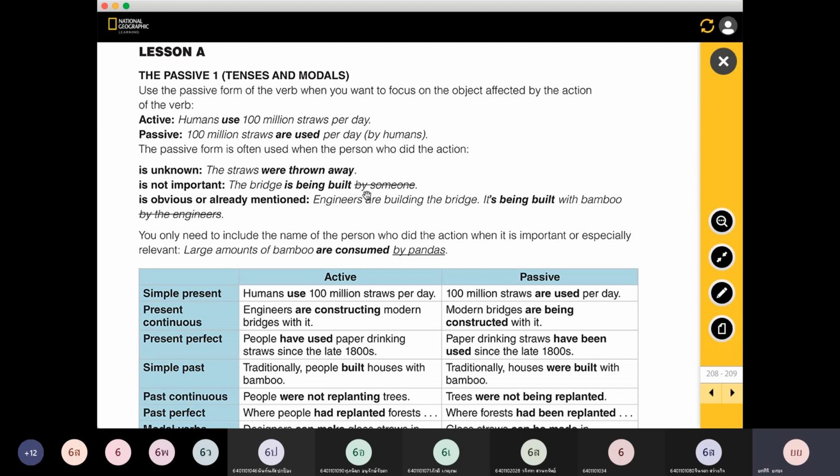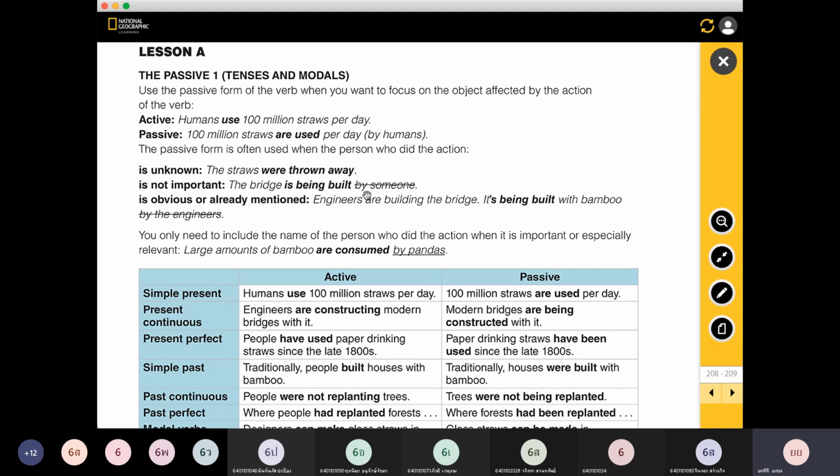Okay, but when it comes to passive, we focus on the object, who receives the action from something. There are a couple of reasons why we use the passive. The first thing is that we want to focus on the object, right? And there are other reasons as well.